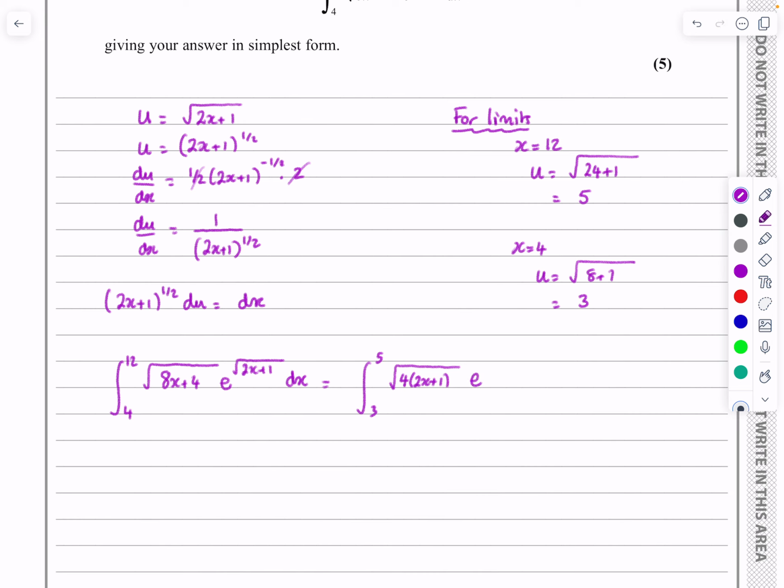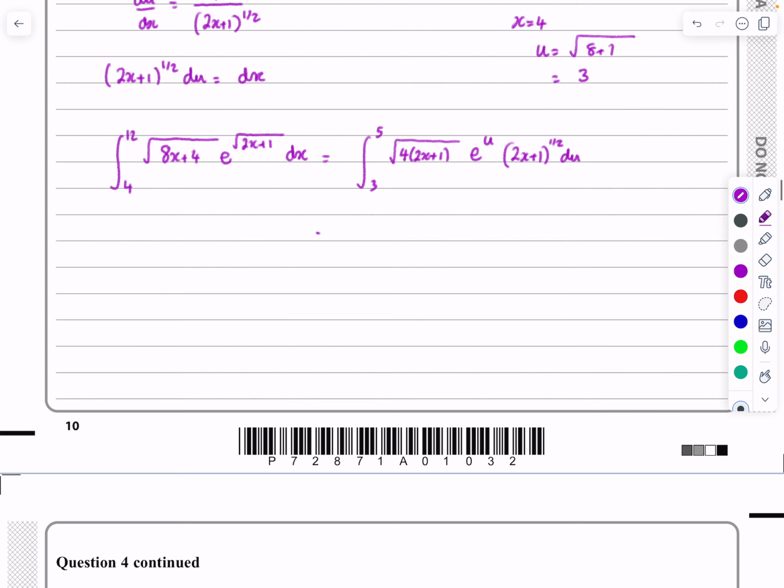I'm going to get e to the root 2x plus 1. Well, I'll do that straight away. That's e to the u there now. And dx I'm going to replace by 2x plus 1 to the half du. Just taking lots of different steps to do this. This is now between 5 and 3. Well, square root of 4, that's 2, so I can take that out. That's 2, which would leave me root 2x plus 1. Now, I could have put that straight away as being u if I'd wanted to, but I'm just doing it slowly.